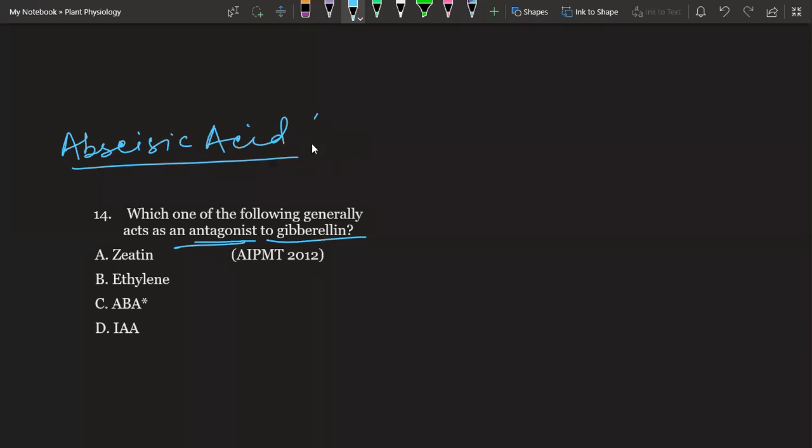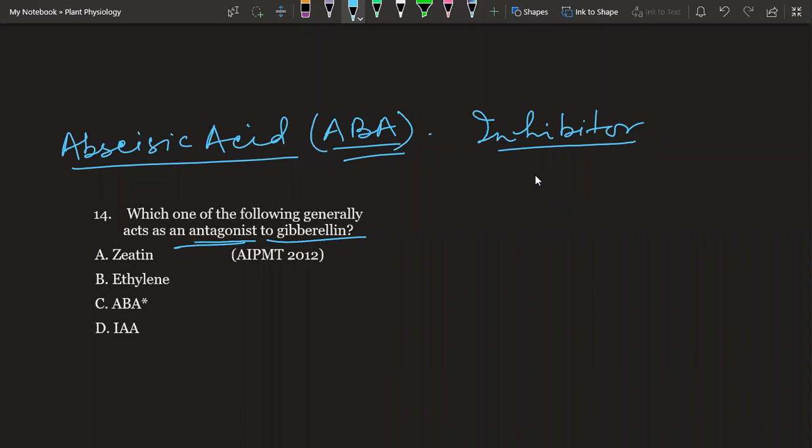Abscisic acid, in short we call it ABA. This one is a retardant, that is, it is mainly an inhibitor. It inhibits the different physiological processes.